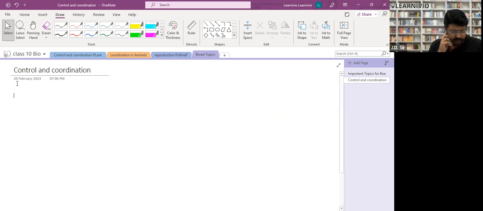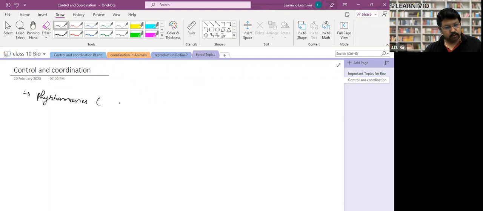The most important thing is that you have to remember the hormones which we discussed, all 4 phytohormones. They can ask you long as well as short questions. Both can come, but the probability is higher for the short question.